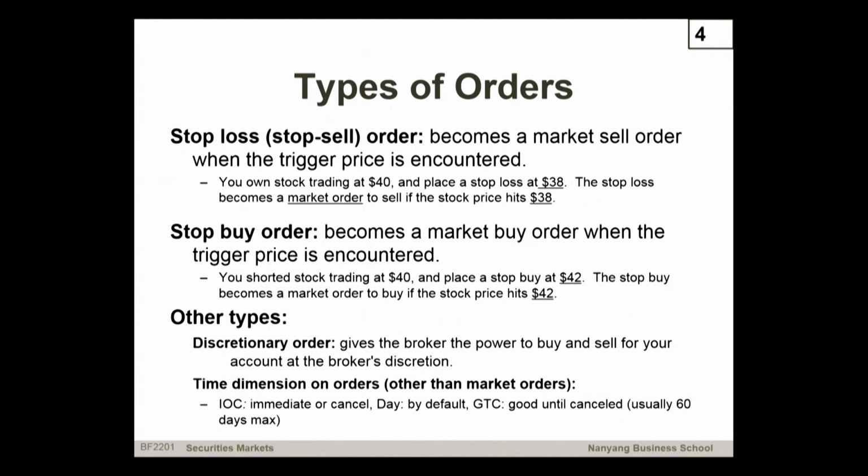So I place a limit order in the morning, and then at the end of the day, if that order hasn't been filled, then it's canceled. And then the last one is good until canceled, and that will allow that position to remain open over a number of days. So for example, I might say, I'm willing to wait up to 60 days in order for this order to be filled.